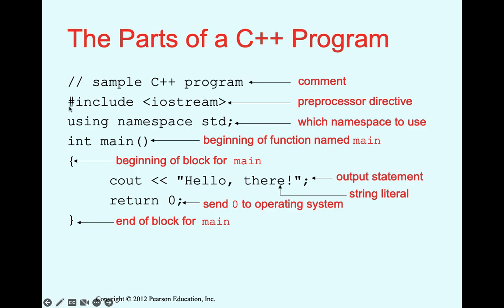After that, in every program, you need to write #include and then iostream. So we need to include some libraries. This library will be used here, for example, with this cout. If you want to use cout, you have to include this line.